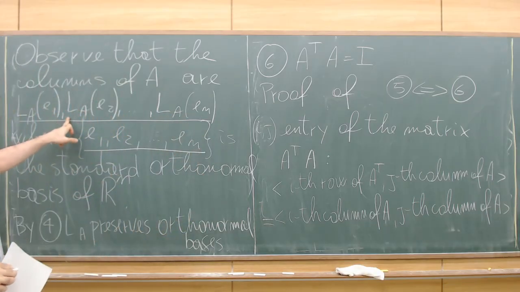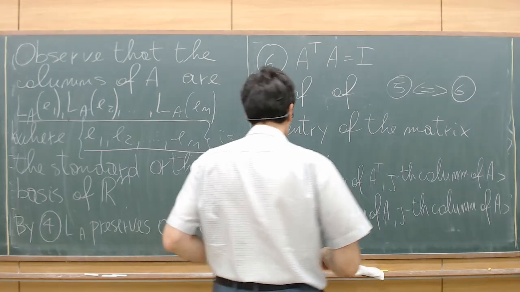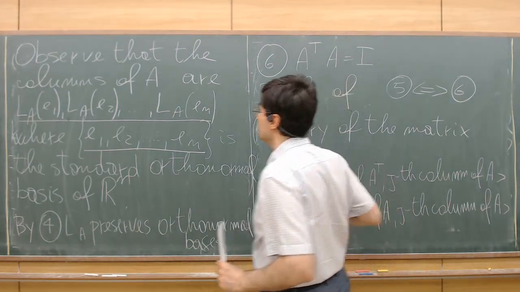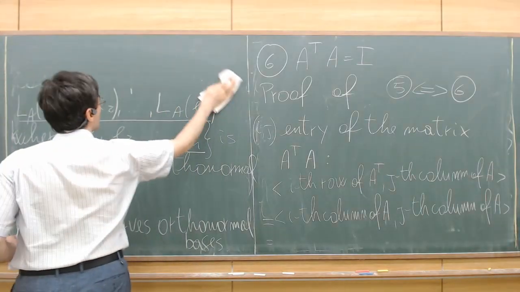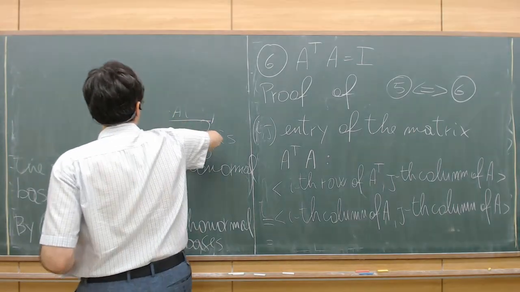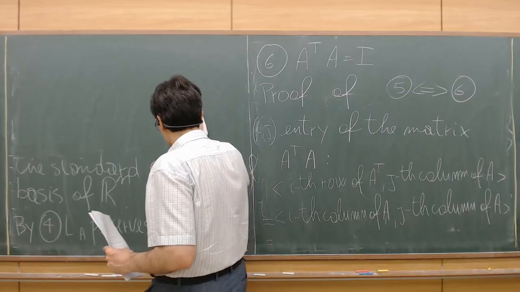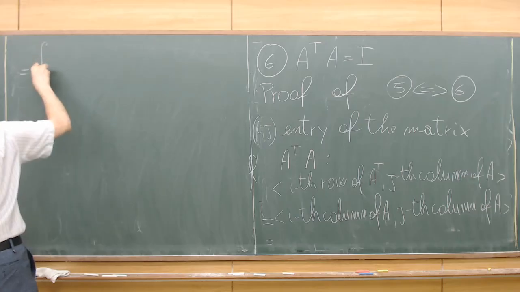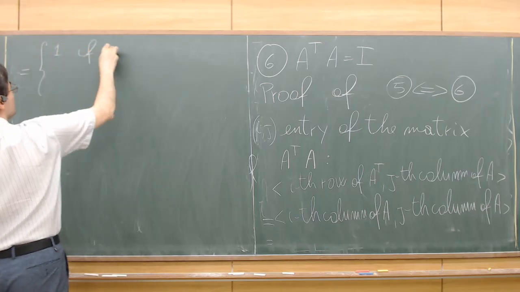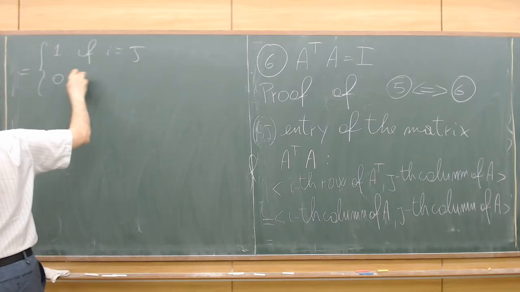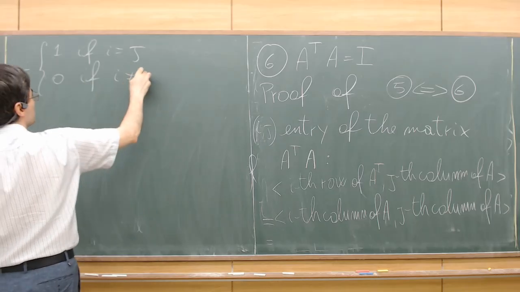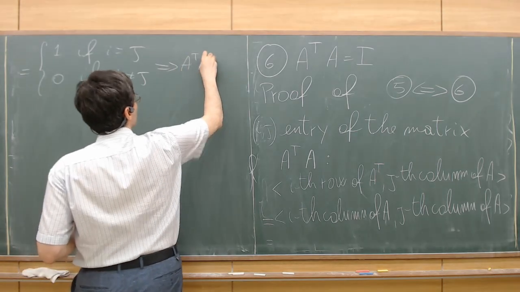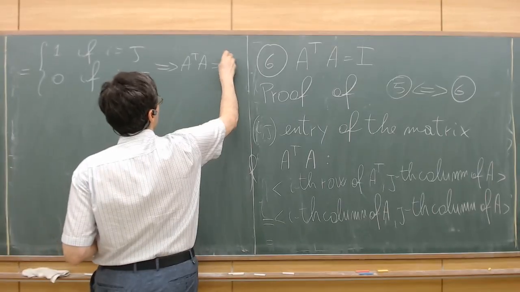And this is an orthonormal basis. So this is equal to 1 if i is equal to j, and 0 if i is different from j. So this implies that A transpose A is I.